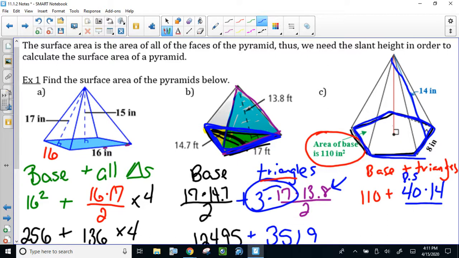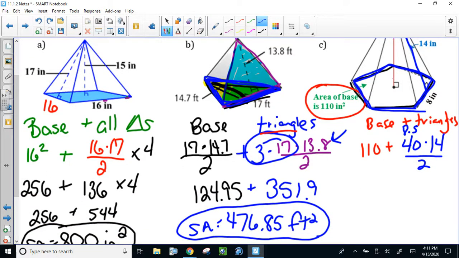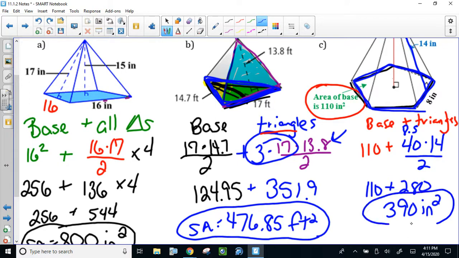Then we divide it by 2 because it is still a triangle. So we have our 110 plus 40 times 14 divided by 2, which gives us 280. If we add that together, our surface area is 390.